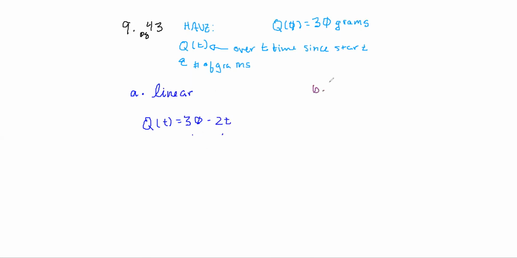And so for B, it's going to be 12% a day. And so this is going to be exponential. But we have to make sure that it's a decay function. So our Q of T is going to be equal to our initial value times, and so is this going to be 1 point, when is it, a percent?